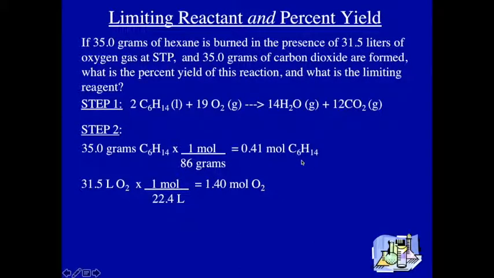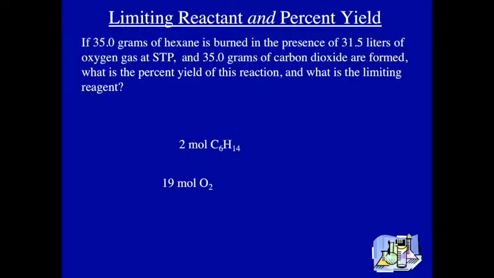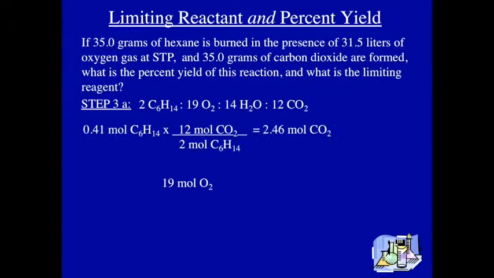Now we have to figure out which one of these is the limiting reagent. We do that by setting up our mole ratio, and then running both of these mole ratios, we run them through to determine how much carbon dioxide we would produce, because it says 35.0 grams of carbon dioxide are formed.